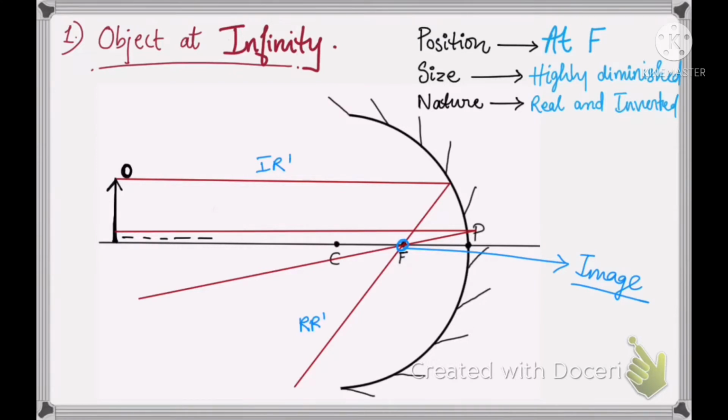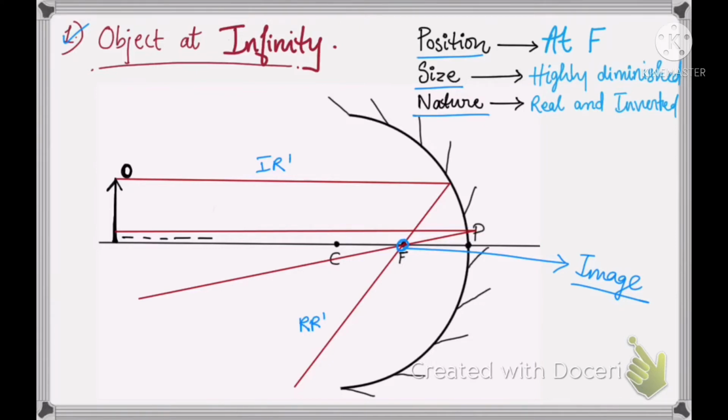Now after forming the image, or after considering any case, you have to take 3 things: position of the image, size of the image, and nature of the image. The position of the image here is at F. What is the size of the image?